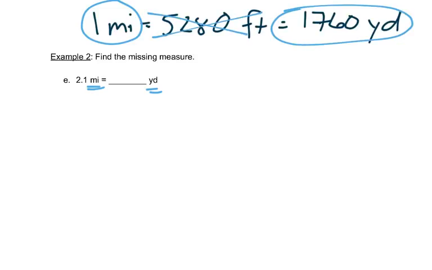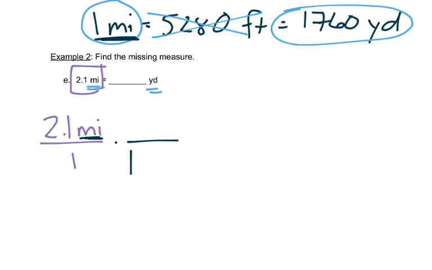We can just pretend like this middle part's not here. So we'll start with this 2.1 miles, and we'll put it over 1, and then we'll have times. Now here miles is on top, so we want the miles to be on the bottom, so we have 1 mile to be on the bottom.